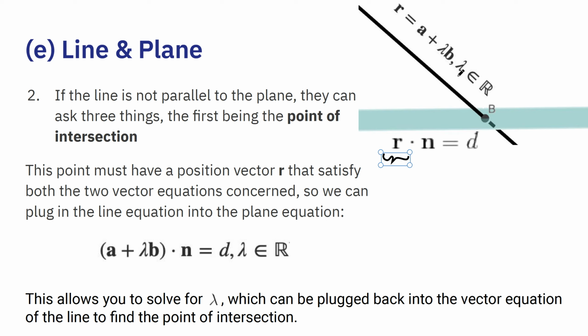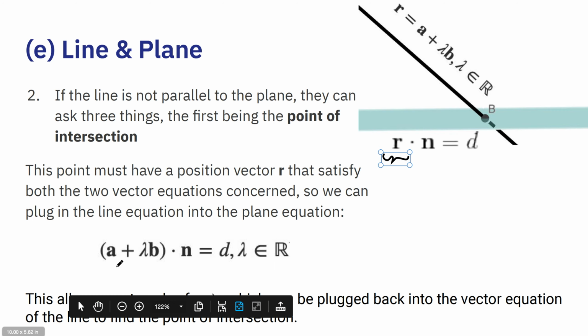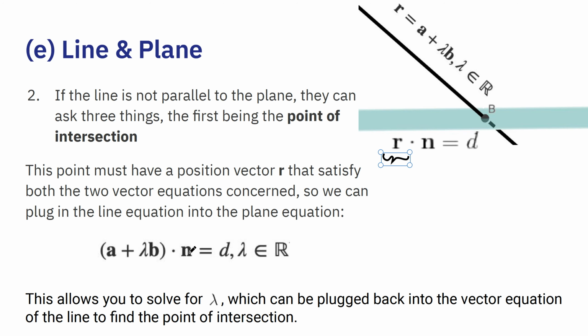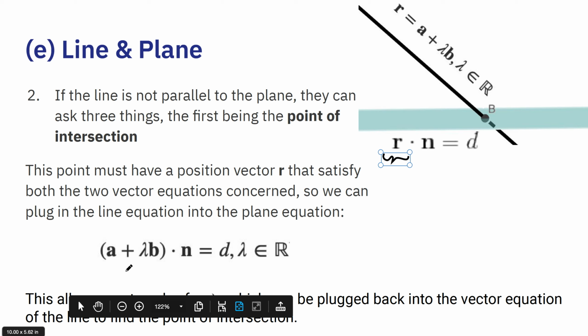So let's say this point happens to be a plus lambda b. So we take a plus lambda b and we throw it into the equation for a plane. And when we dot it with the normal vector, we should get d here as well. And after we get this, we can just plug it back into the vector equation and find the point of intersection.